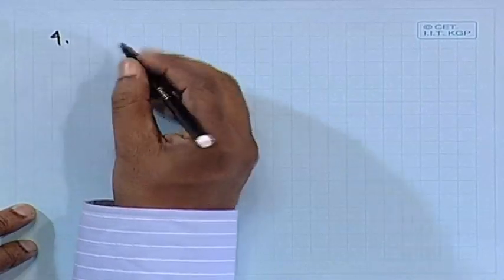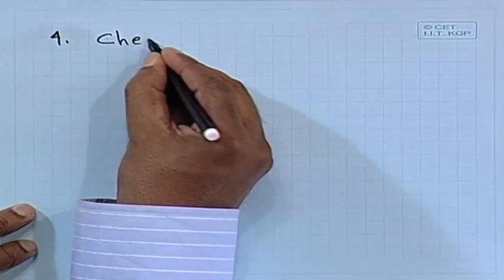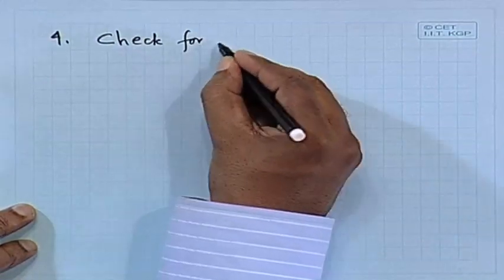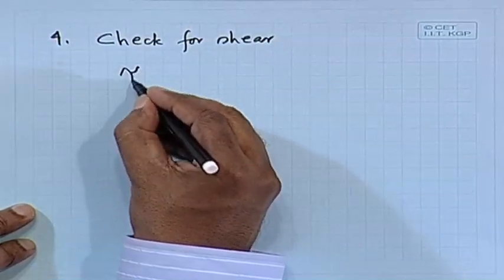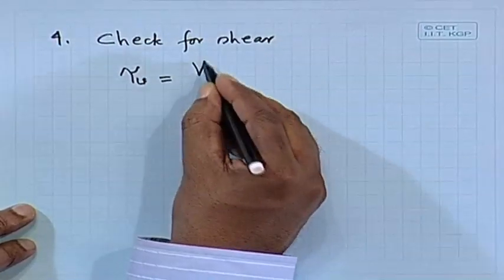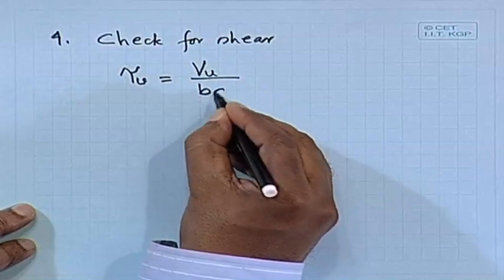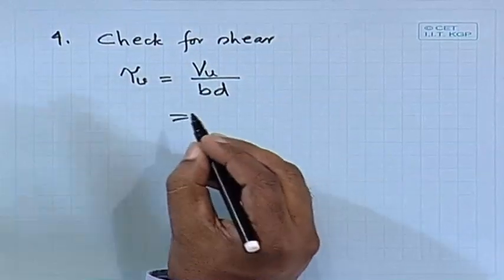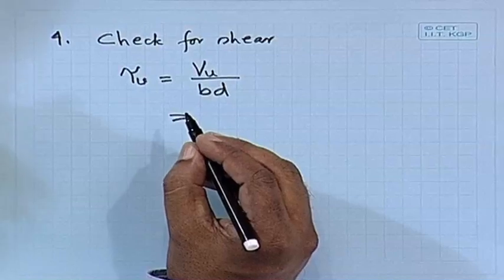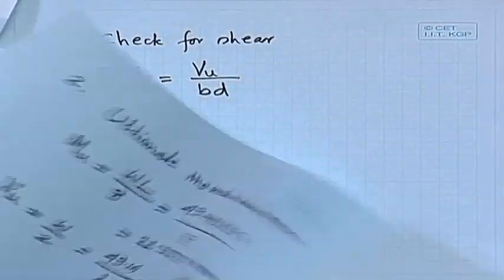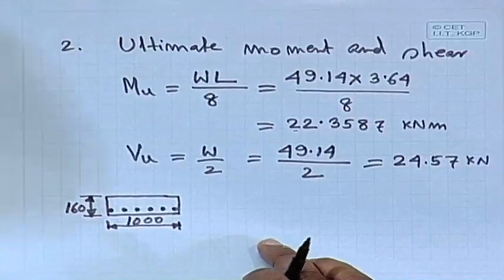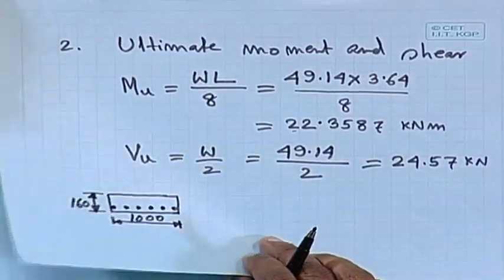Number 4, check for shear. So, what about tau v? Tau v equal to Vu by b d. Just once more, let me show you that Vu equal to 24.57 kilonewton.